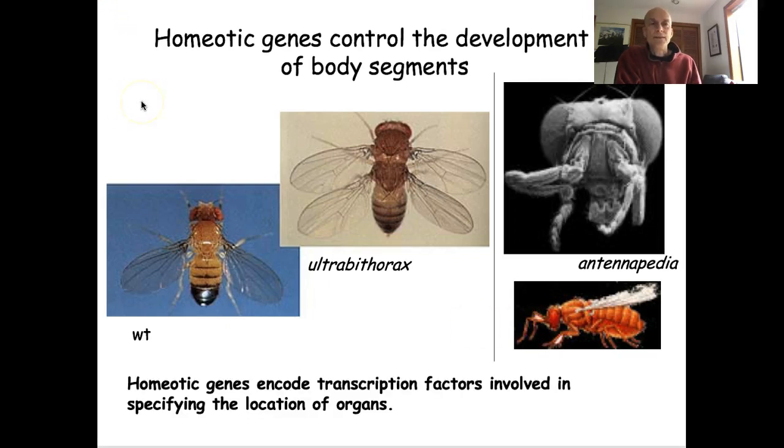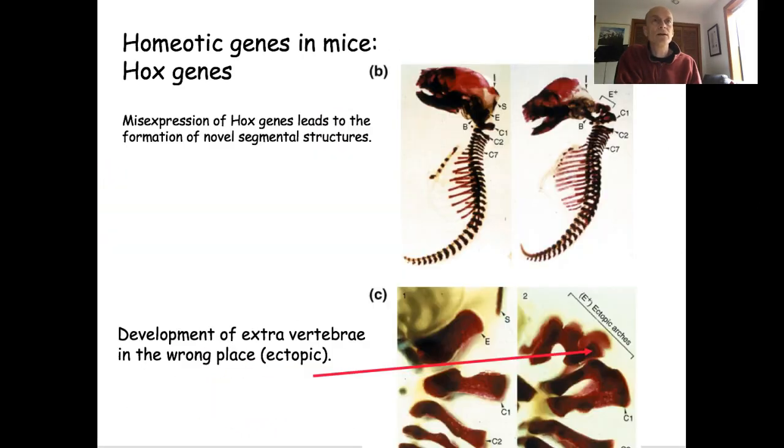So the definition of a homeotic gene is that homeotic genes encode transcription factors that are involved in specifying the location of organs. Okay. So let's take a look at homeotic genes in mice. There are some genes that are called Hox genes, and these Hox genes, when misexpressed, lead to the formation of novel segmental structures.